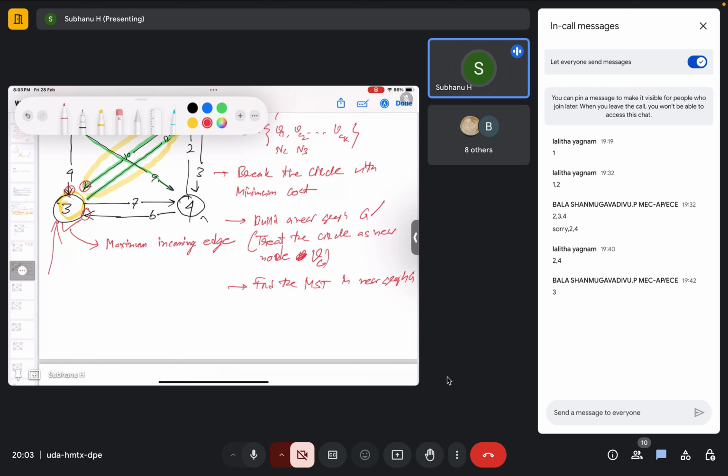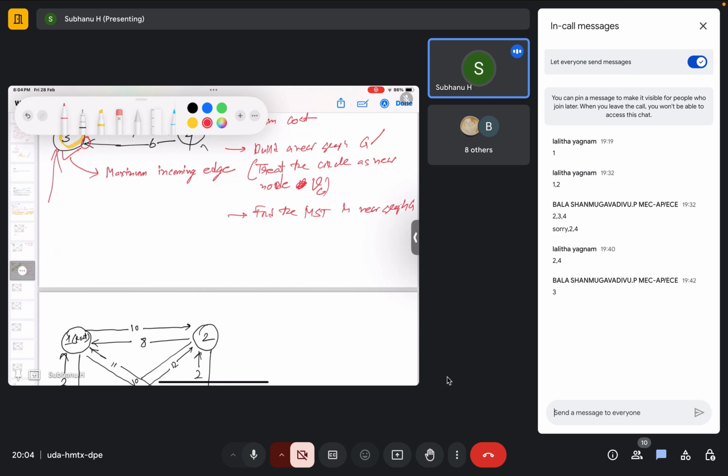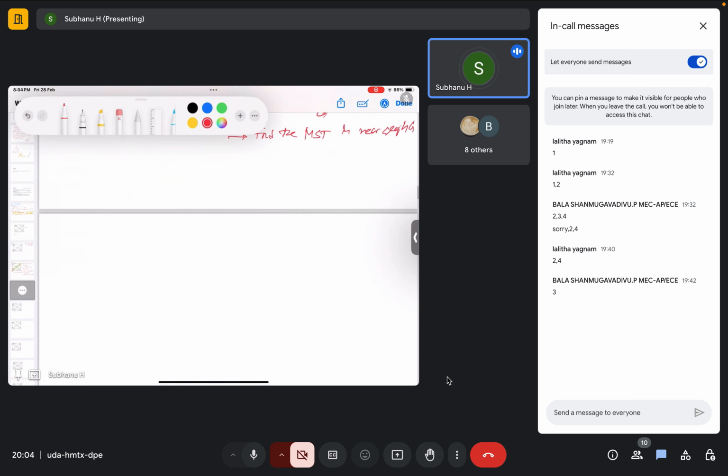Now we first describe the way to build a new graph, where from the vertices set we have to discard the circles. So how can I find the circles? How to build the new graph G dash, where V dash is the set of vertices and E dash is the set of edges.